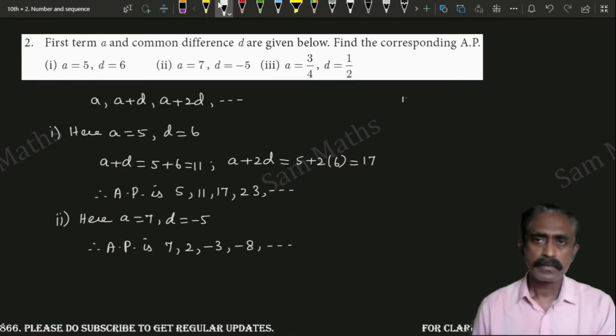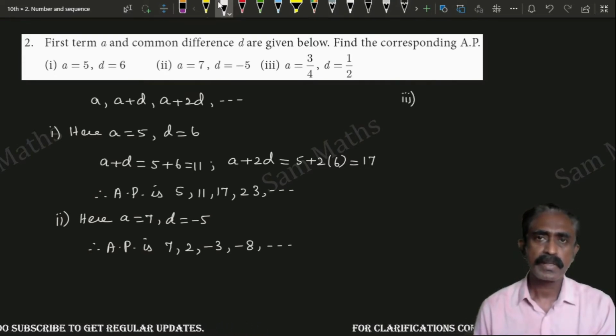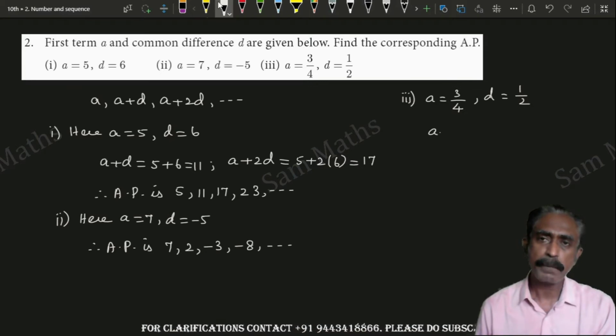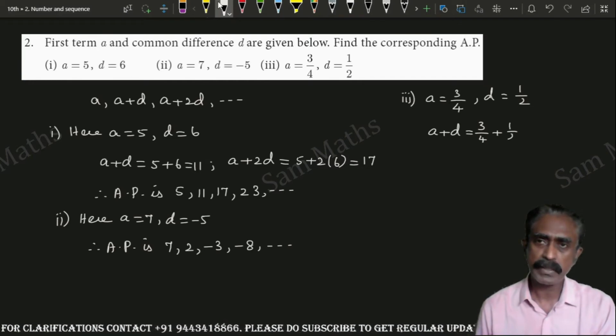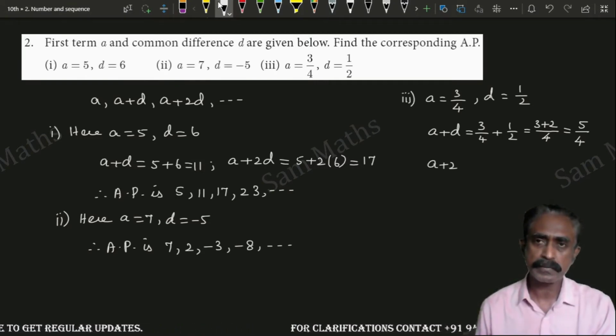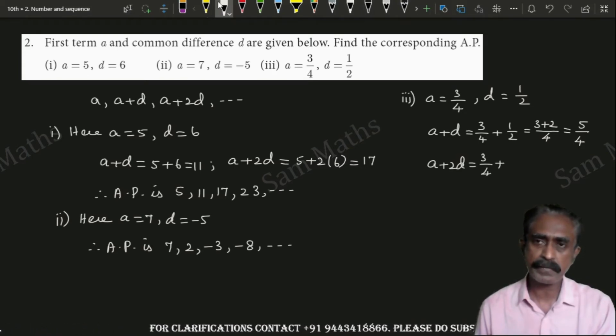Third subdivision, A is equal to 3 by 4 and D is equal to 1 by 2. A plus D we have to find. 3 by 4 plus 1 by 2. 4 is the LCM. So we'll get 3 plus 2, which is equal to 5 by 4. A plus 2D, which is equal to 3 by 4 plus 2 times D, that is 2 by 2, that is 1.